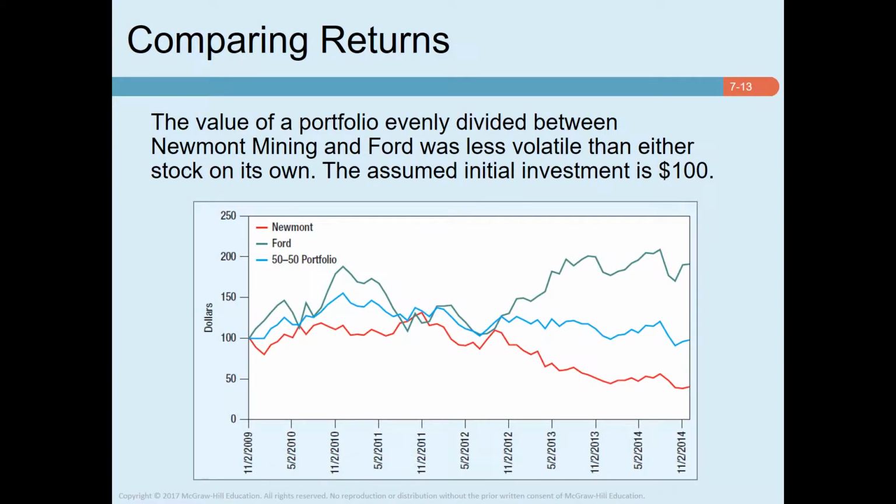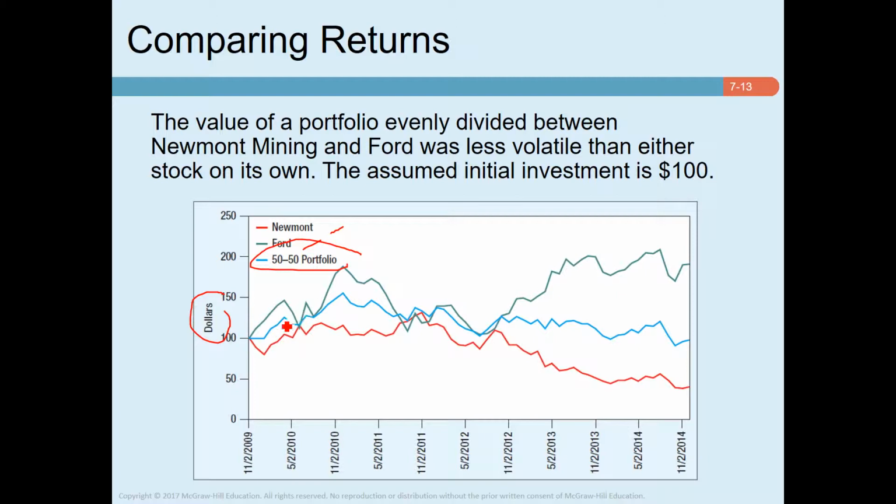Now look at this example. This diagram basically shows the value of a portfolio in terms of dollars, where your portfolio is equally divided between Newmont and Ford. You can see this blue line is your portfolio, where you have 50% invested in Newmont and 50% invested in Ford.